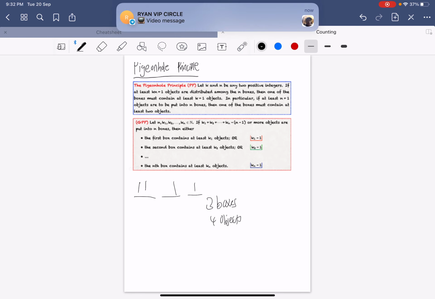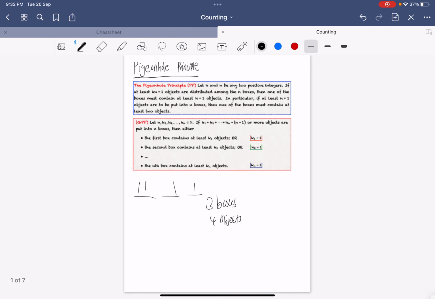I'm going to say this example, which is using the same example, 3 boxes and 4 objects. It is possible to place all 4 objects into one box. It still fulfills the conclusion that at least one of the boxes has 2 objects, in which case it's box 1, but the other 2 boxes have 0.